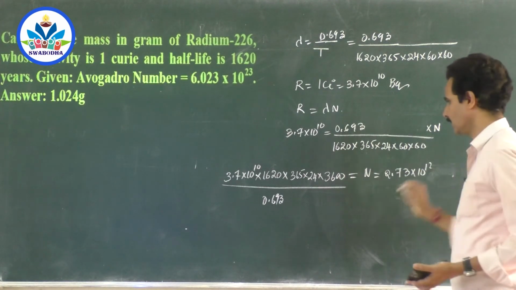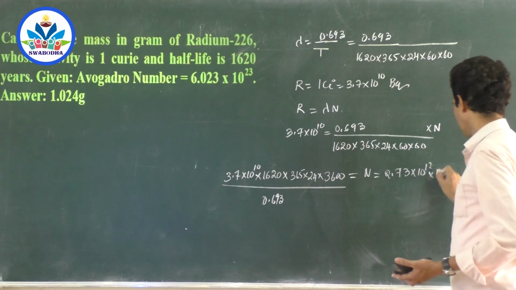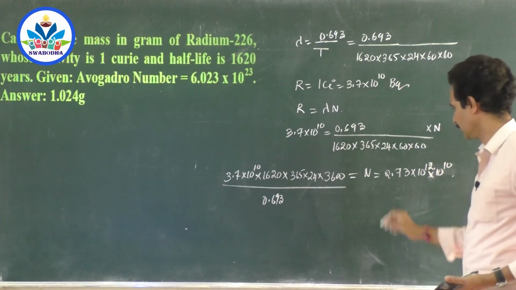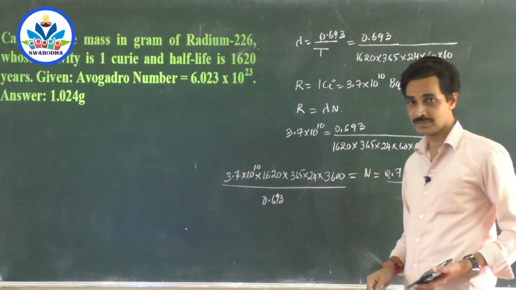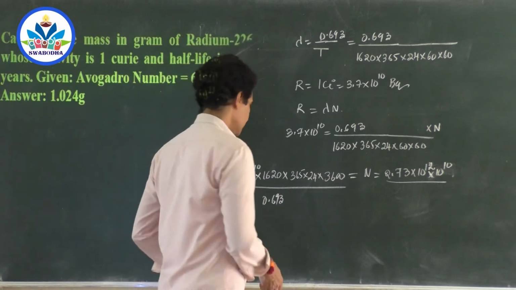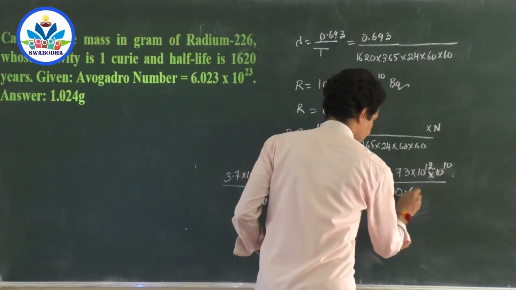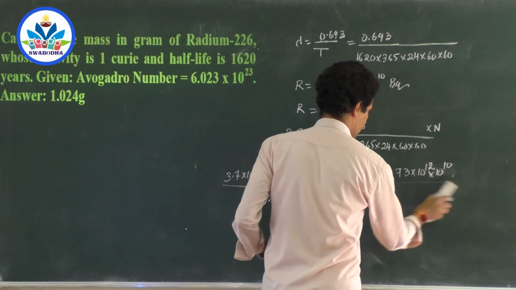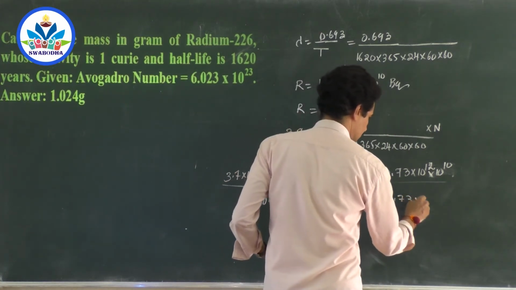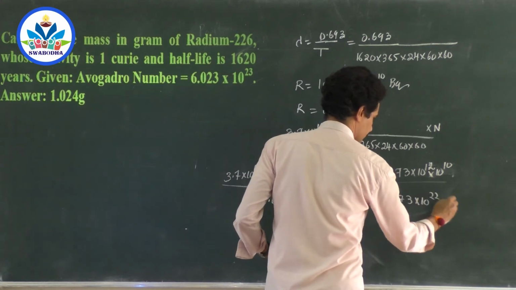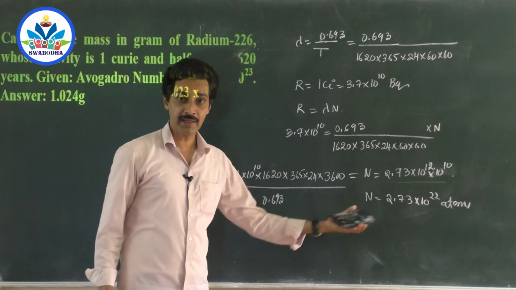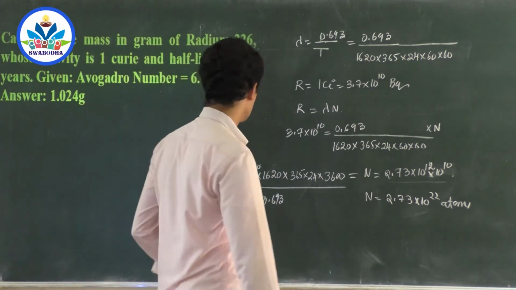So you have one more 10 to the power 10 here. Please have a calculator and check along with me. Calculate along with me, otherwise it will be a boring class. Just looking at this problem is a boring class. Yeah, 0.693 is over. So how much now for the number of atoms in the sample? 2.73 into 10 to the power 22 atoms, because we have a 10 to the power 10 here. Now how much will these many atoms weigh?